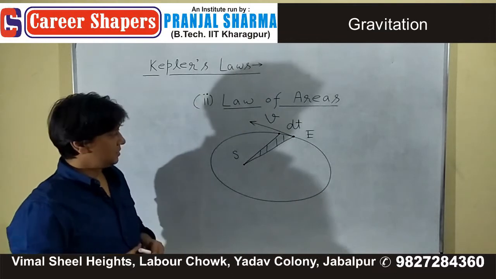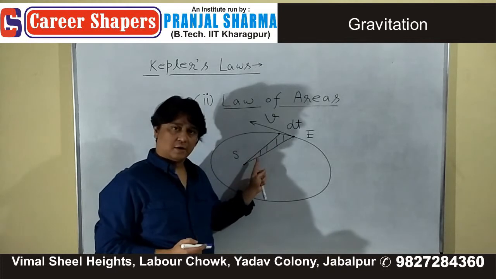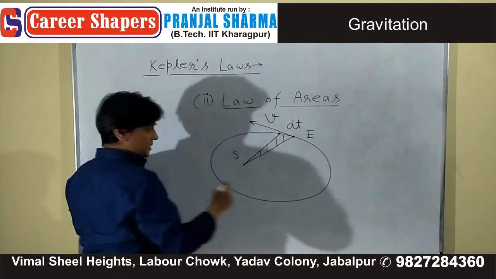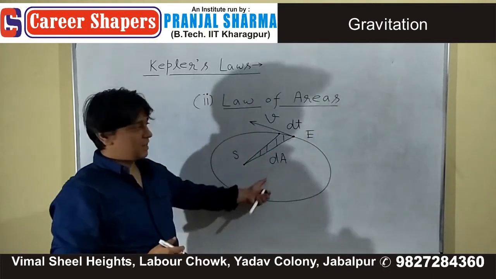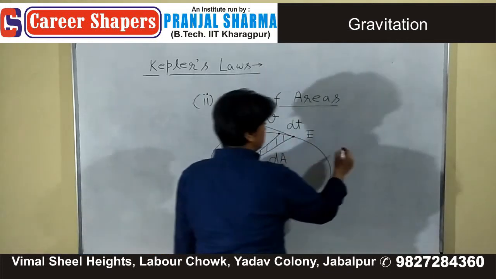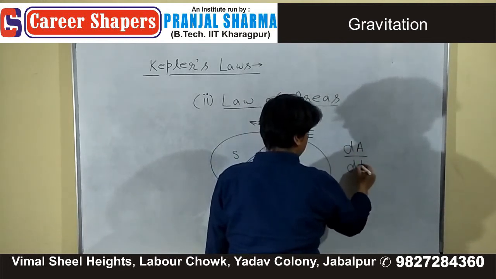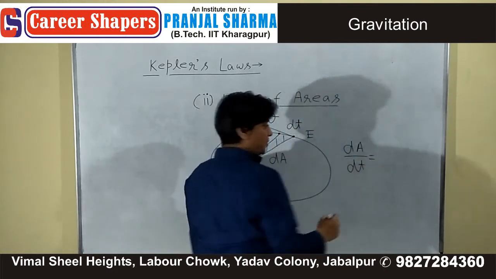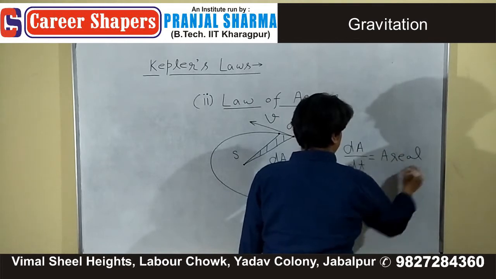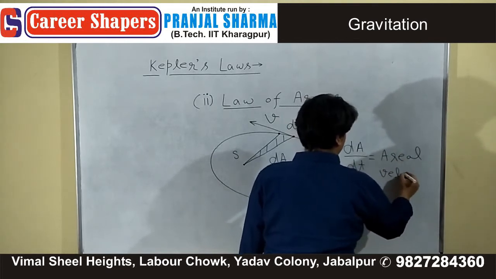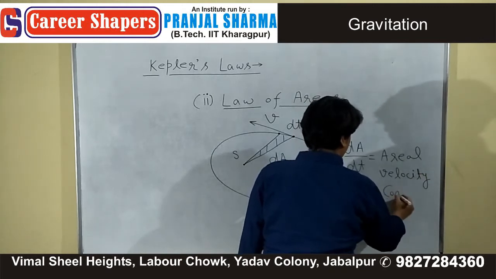If the area swept by the radial vector is dA, then the second law says that dA upon dt, which is also called aerial velocity, is constant.